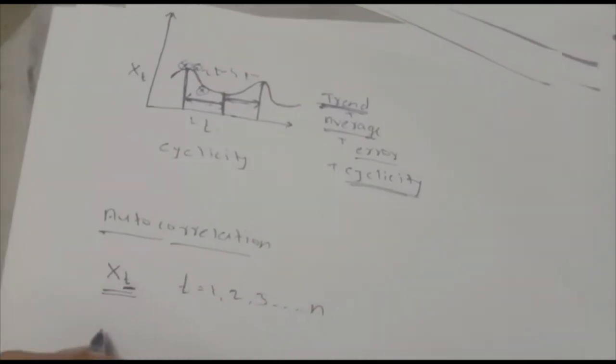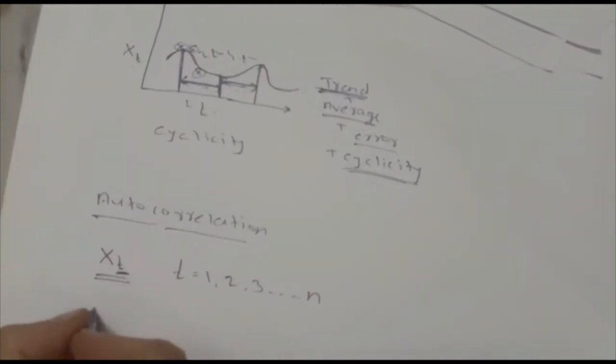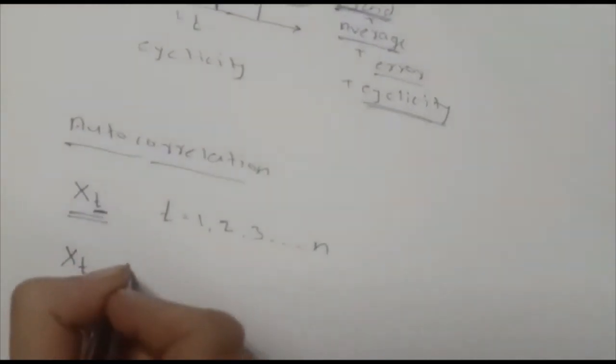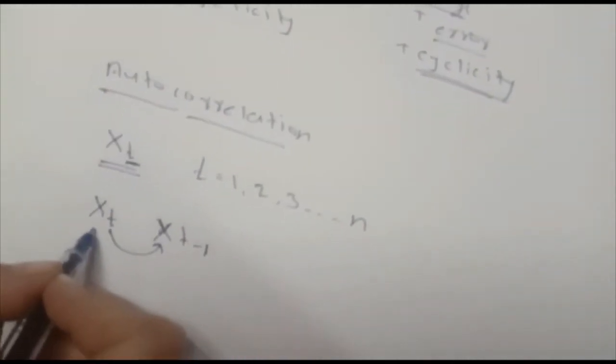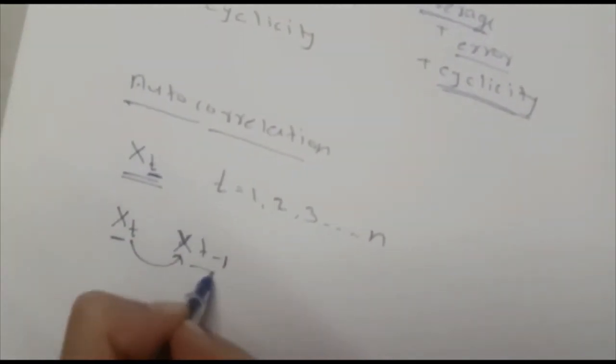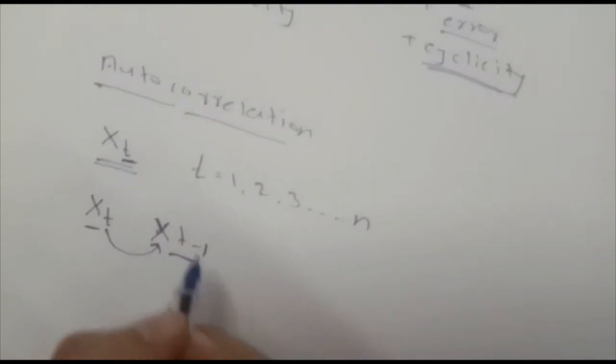So what is the meaning of autocorrelation? Autocorrelation means the relationship of xt with xt-1. The relationship of xt with xt-1 means the relationship of the present demand with the previous value of demand.